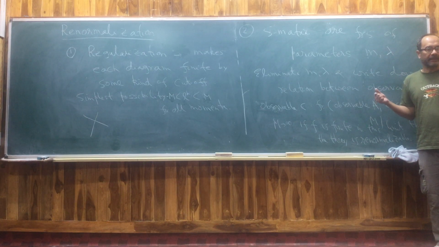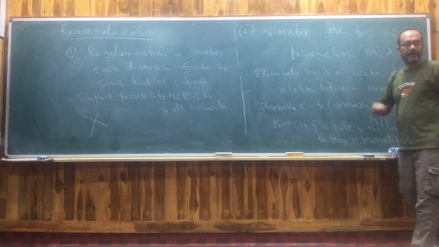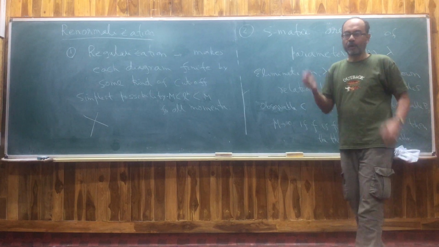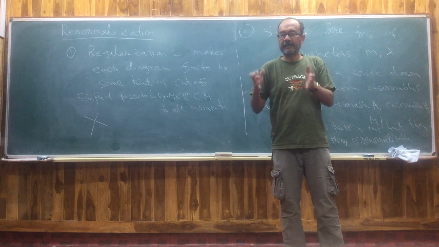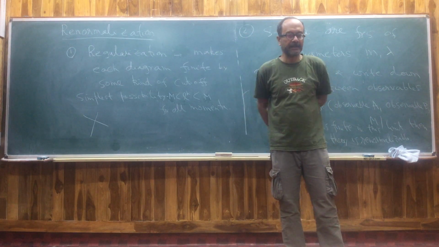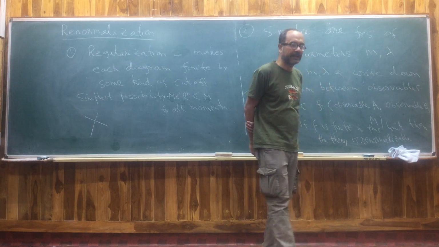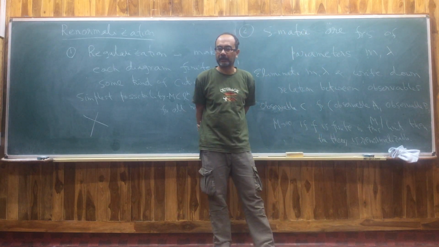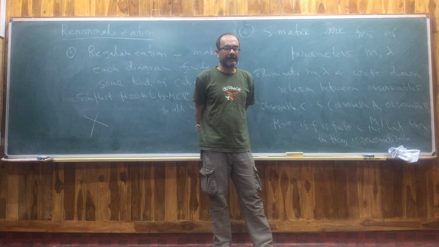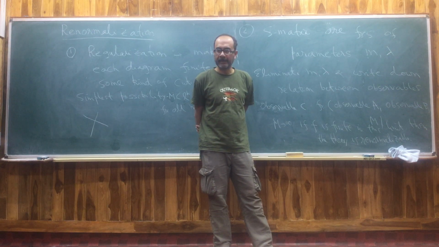Is this point clear? Every function that relates observables, one observable in terms of others, in the case of Phi-4 theory, one observable in terms of two other observables, every relation of this kind should have a finite limit as capital M goes to infinity.